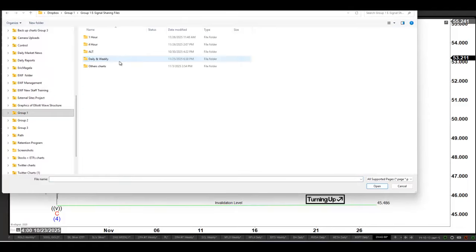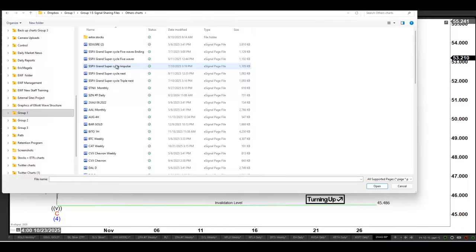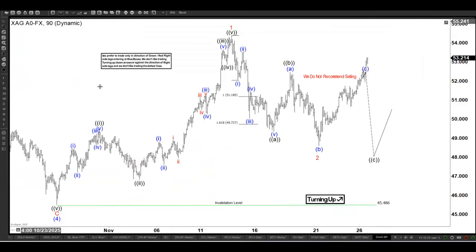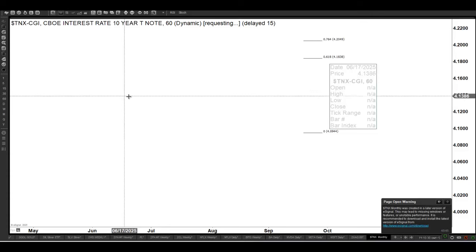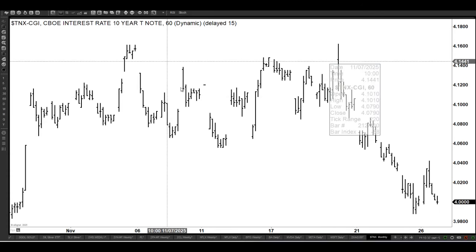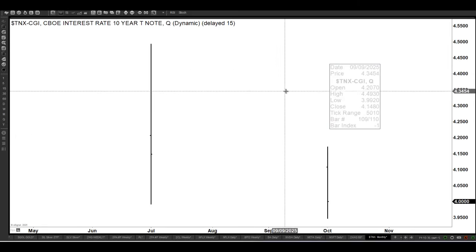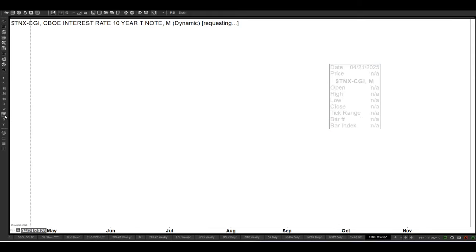And this is a very interesting chart. This chart, many traders don't even look at this, Jonathan.